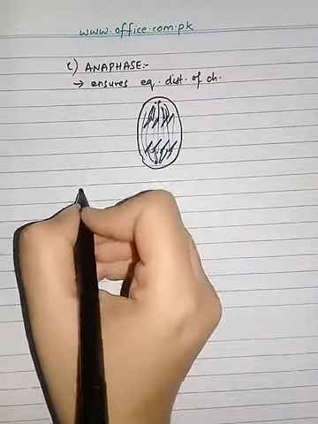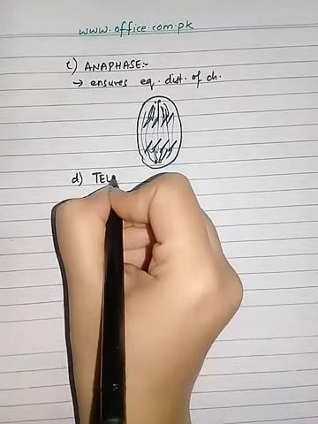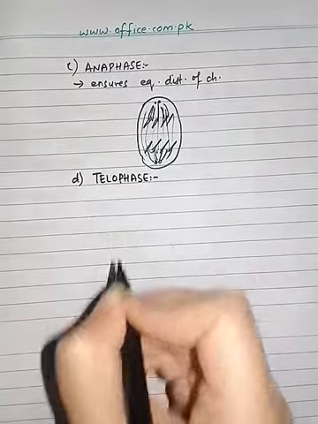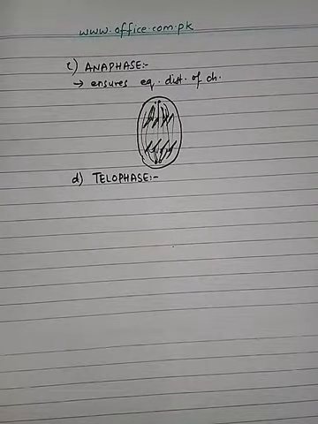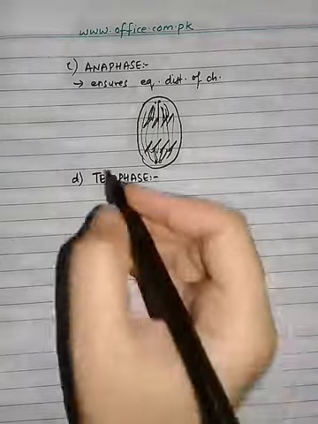The last phase of karyokinesis is telophase. Now the reaching of the chromosomes at the opposite poles will terminate the process of anaphase, and it will start the telophase. The chromosomes will decondense.